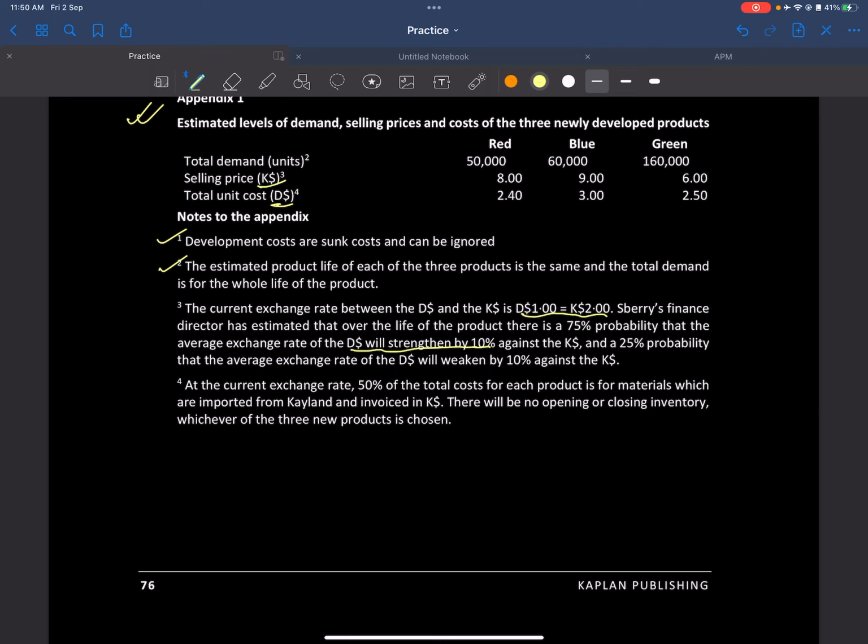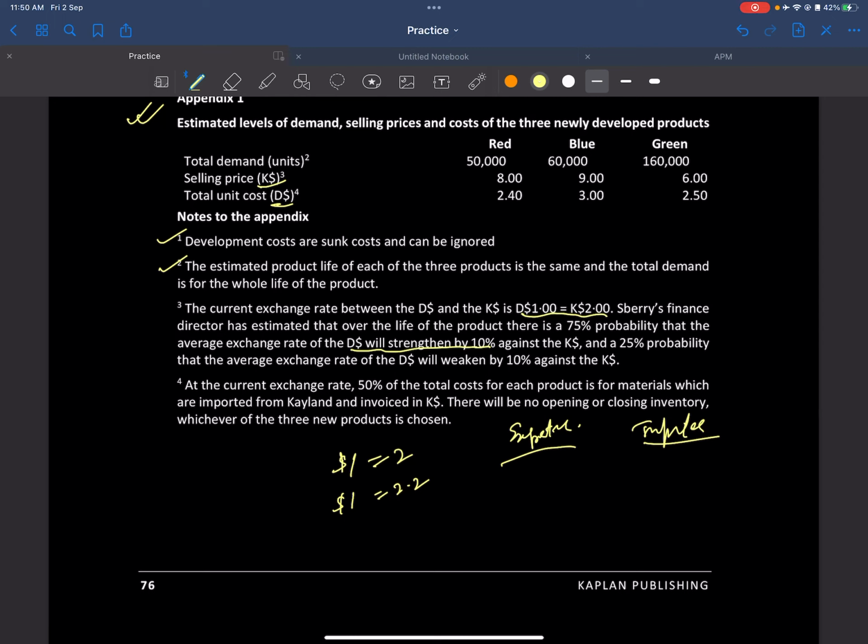Similarly, for an exporter, and for an importer the circumstance will be exactly opposite. For an exporter, what happens? If our currency is getting stronger, it will mean that the other currency is being devalued. So the $1 which was worth 2 will strengthen to $1 equals 2.2.